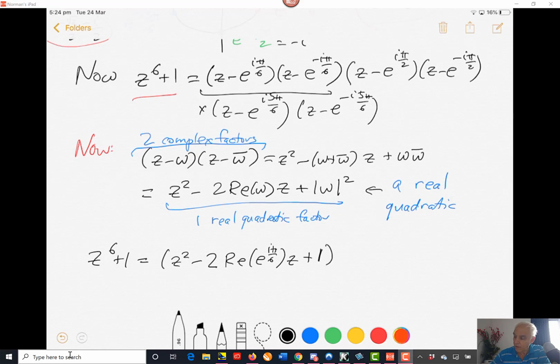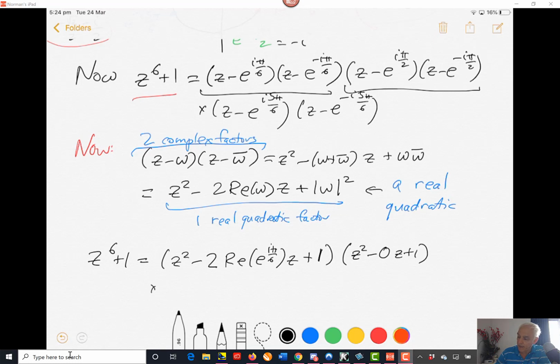Then this one here, well, it's actually z minus i and z plus i. But if we apply the same rule, it would be z squared minus 2 times the real part of e to the i pi on 2, so the real part is 0, so minus 0 times z plus 1.